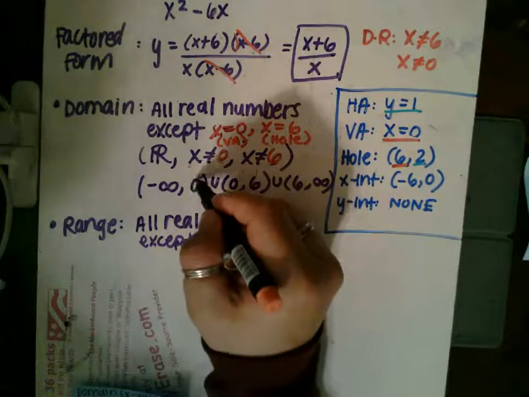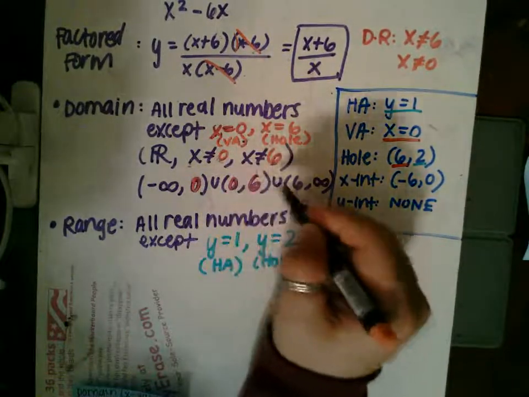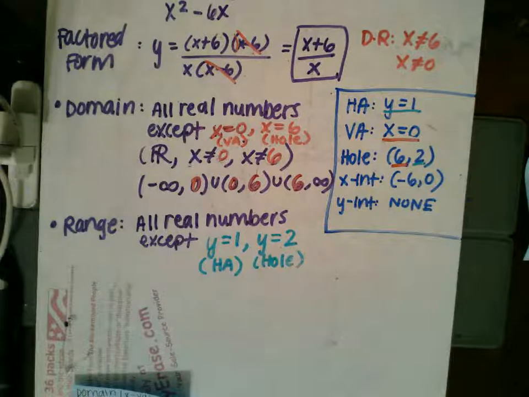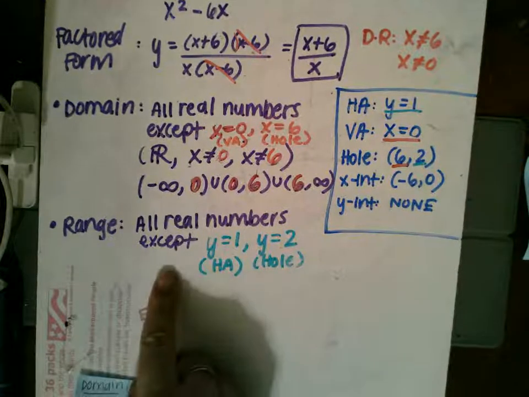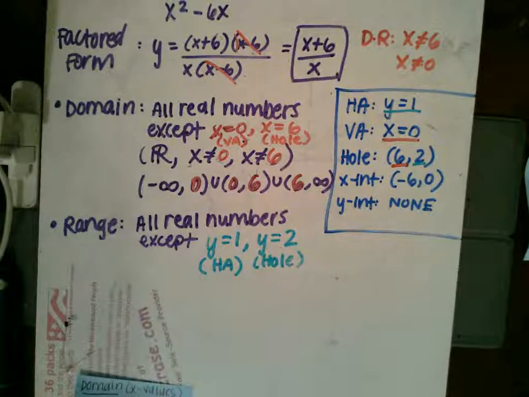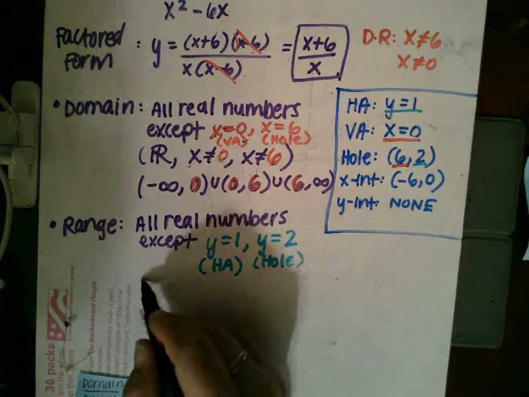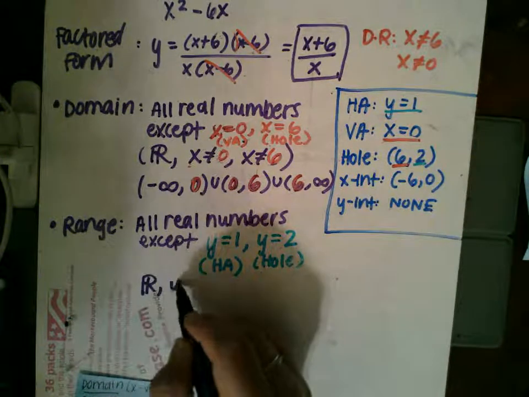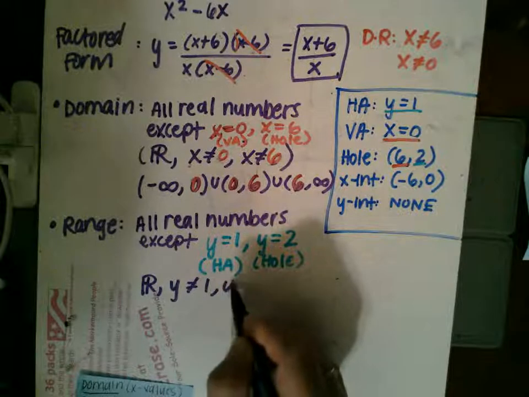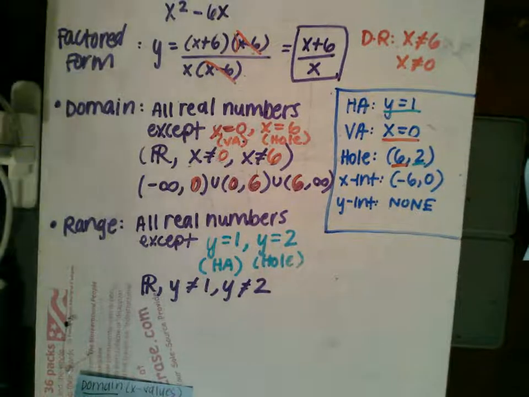And you can see that 0, 0, 6, 6 appears in order from smallest to largest. So my range would be all real numbers except y equals 1 and y equals 2 from my horizontal asymptote and my hole. And the fast way to write this would be all real numbers, y cannot equal 1, y cannot equal 2.